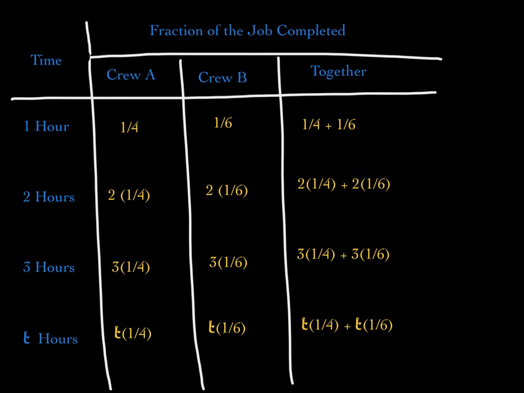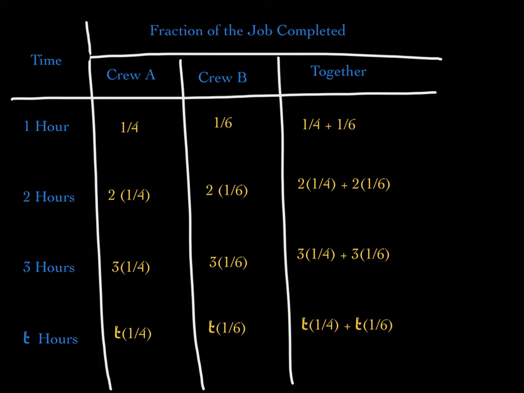In T number of hours, the amount of the job that is completed in just T hours would be T times 1/4. That's just for crew A. And when crew B is working by itself, after T number of hours, they have completed T times 1/6 of the job. And when they're working together, both crews, after T number of hours, they've completed T times 1/4 plus T times 1/6 of the job.